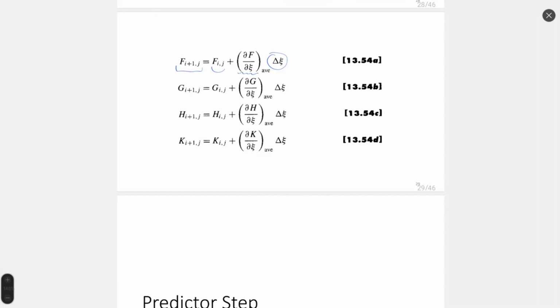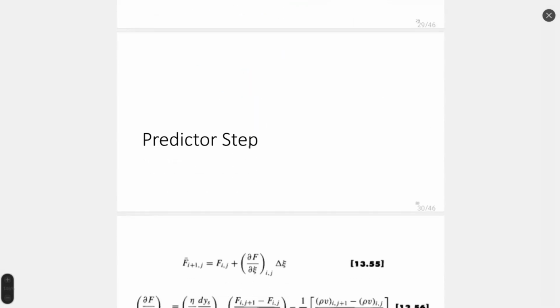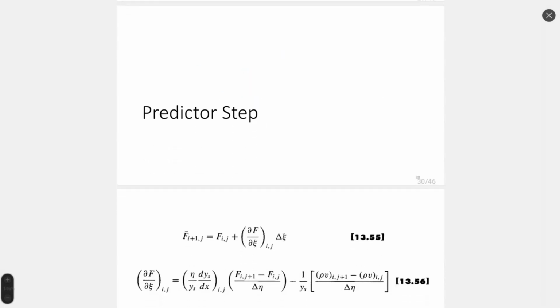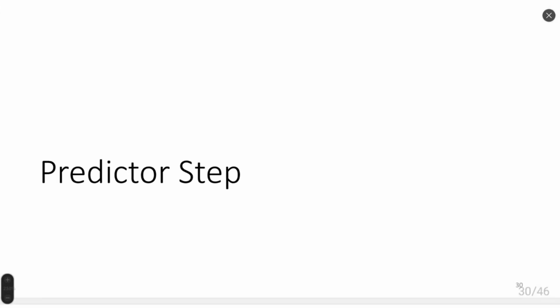Such solution of flow equations is usually done in two steps, in two stages. Stage one is called predictor step, where we predict our derivatives and predict flow properties, like preliminary calculation of flow properties. And the second step is called corrector step, which is more exact calculation of derivatives and flow properties.